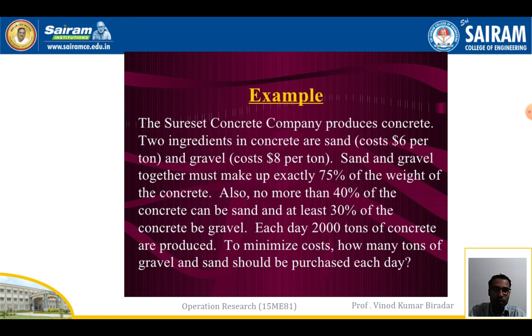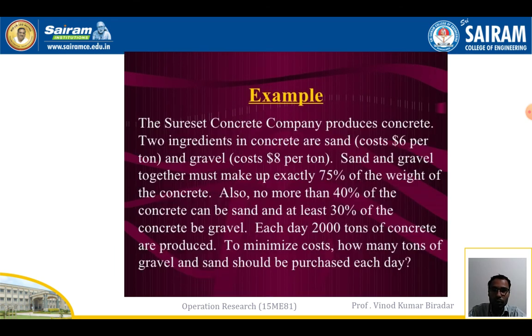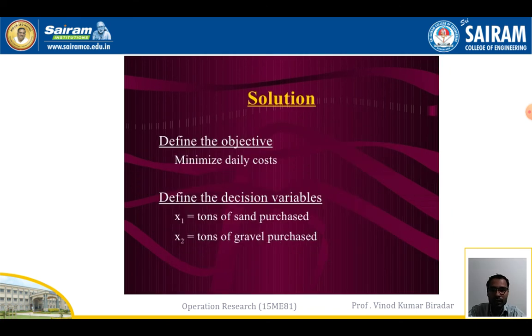So this problem belongs to the minimization type, so you have to read the question carefully, okay. Here they ask to minimize the cost, not the profit. So the main objective of this problem is minimizing the daily cost. The decision variables again have two sections, sand purchase and gravel purchase, okay.